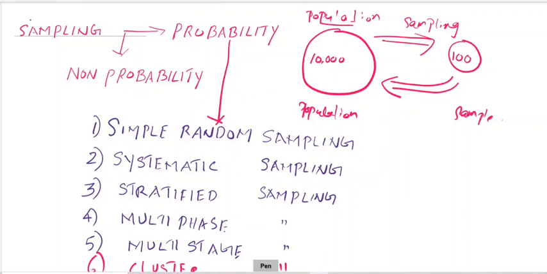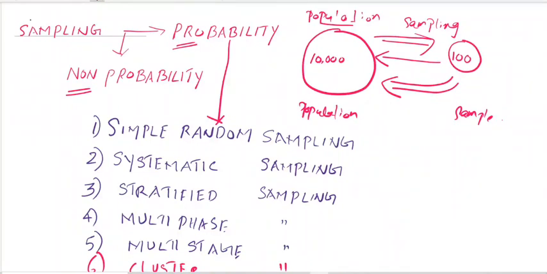Like I said, one is probability, the next one is non-probability. The basic difference is that probability sampling ensures each sample represents the original population. All 100 represent the original 10,000.